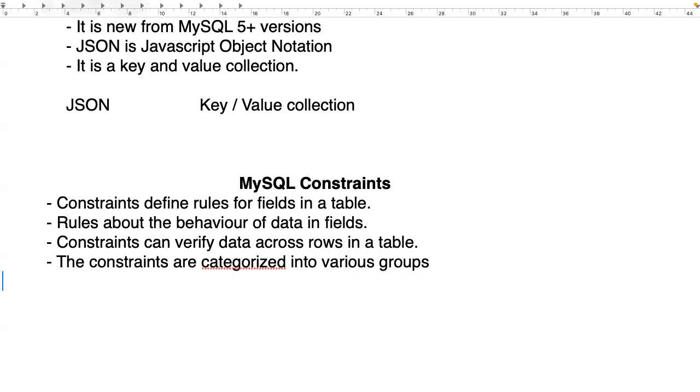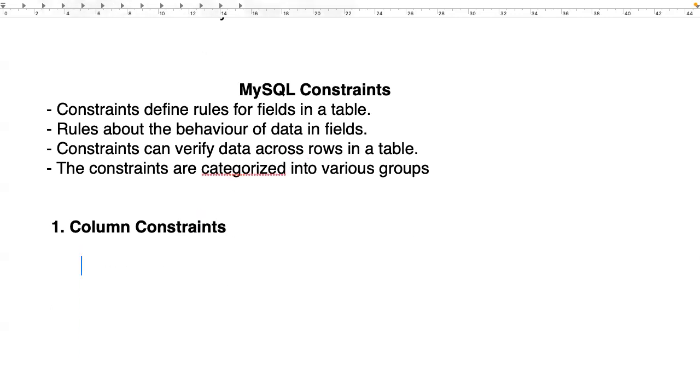We have different groups of constraints. First important is column constraints. What are the column constraints? We have not null.